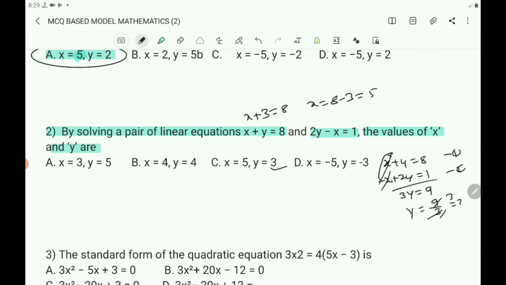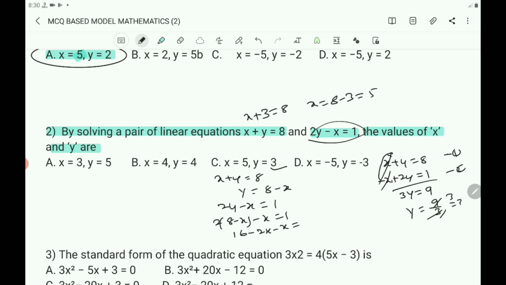You can do it here directly, or otherwise you can use the substitution method. That is, you take x plus y equals 8, then y equals 8 minus x. Then you take this equation 2y minus x equals 1, and 2 into 8 minus x equals 1. 16 minus 2x minus x equals 1.